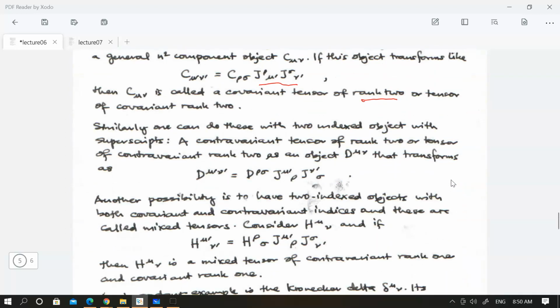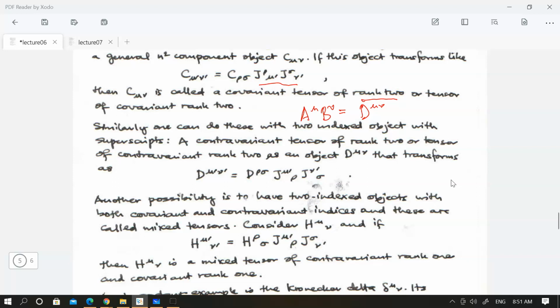Similarly, we have done it for the tensor product of two covariant vectors. We can do the same with contravariant vectors. You make a product of two contravariant vectors and you get an object which has two indices at the top. For example, I can consider A^μ and B^ν at the top. These are contravariant vectors, and this corresponds to some new object D^{μν}. Again, this is a prototype.